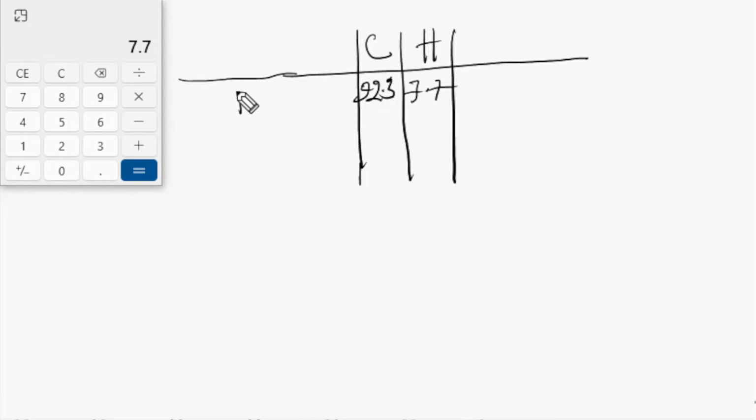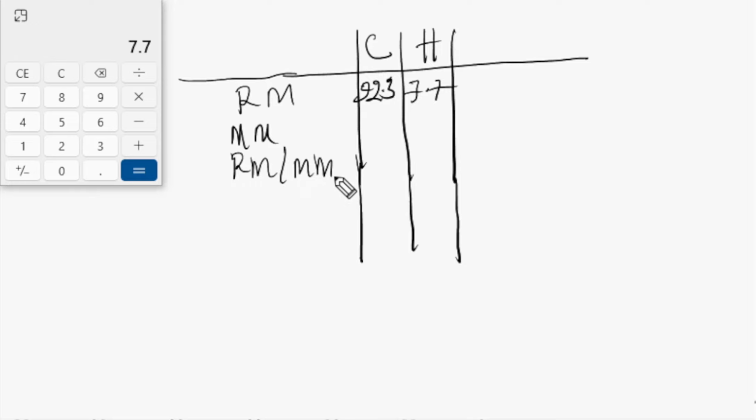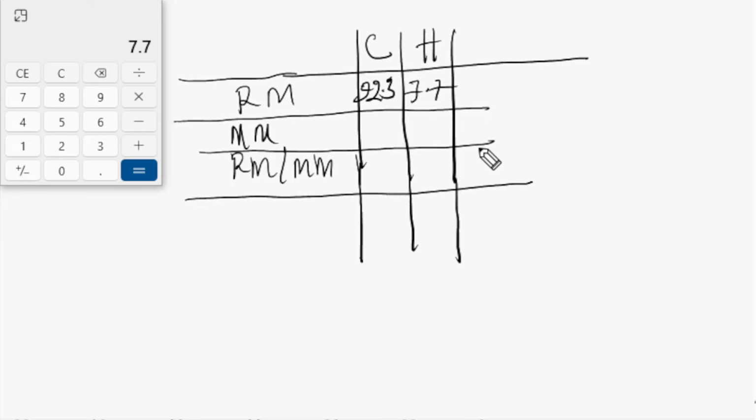So this will be the reacting mass. So always remember that you have to state your reacting mass, your molar mass, so you do reacting mass over molar mass, and then finally we divide by the smallest value.